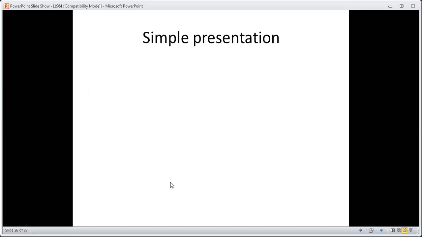Well, let's come to the second technique, which is the simple presentation. Whenever you make a presentation for your teacher, some people make PowerPoint presentations full of animation, full of colors, and full of sounds. They don't make it simple.